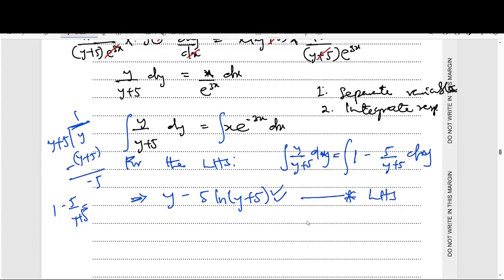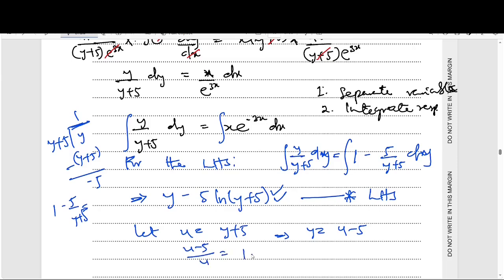Another way we could have done this is to use a u substitution by letting u equal y plus 5. That's the denominator. That means that y is equal to u minus 5. Then substitute this into the function. You're going to get y at the numerator, that's u minus 5, over u.